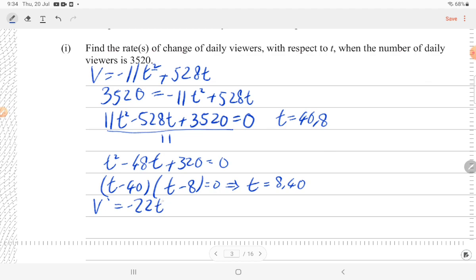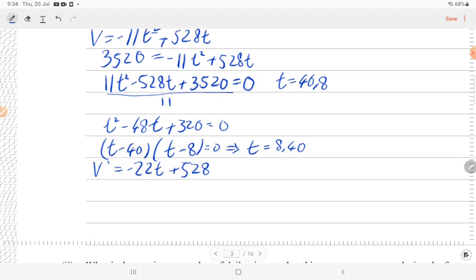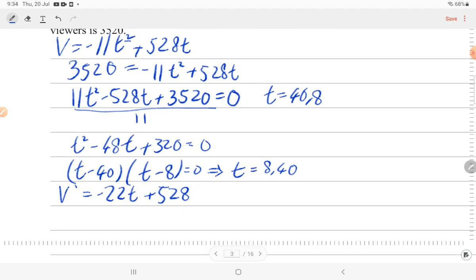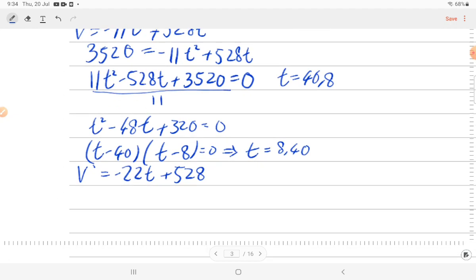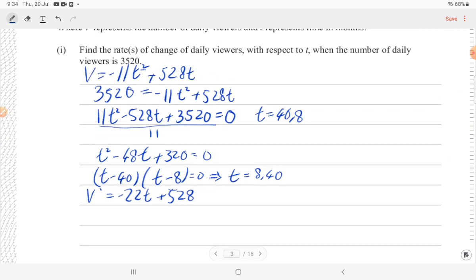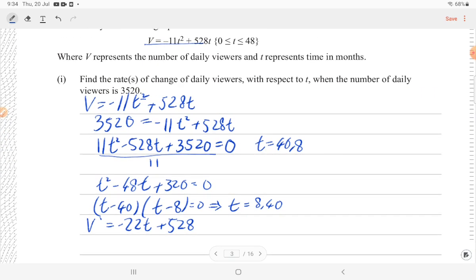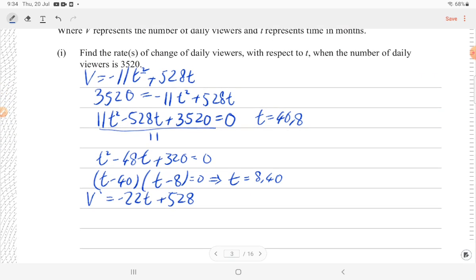Then the 528t, we take the t away. So V dash is equal to negative 22t plus 528.